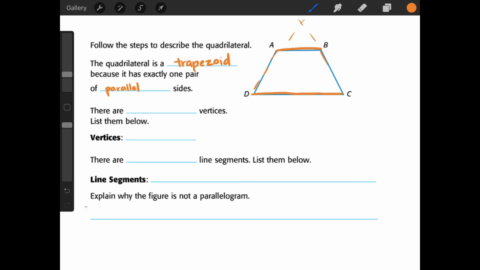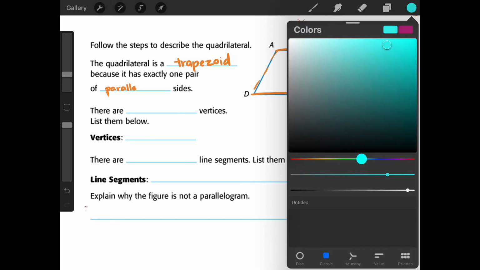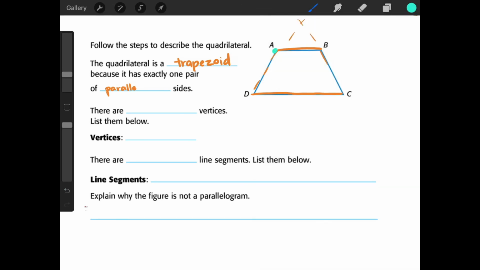There are blank vertices. So remember, vertices is where our lines meet, like where they hit. So I have one here, one here, one here, one here. So that is four vertices. And their names are A, B, C, and D. There are blank line segments.